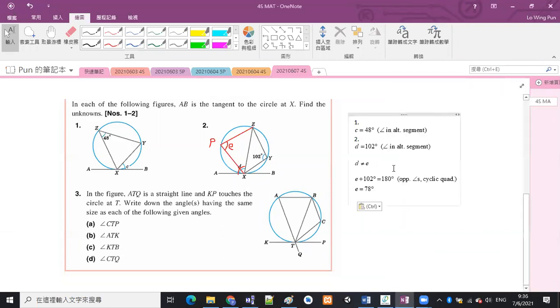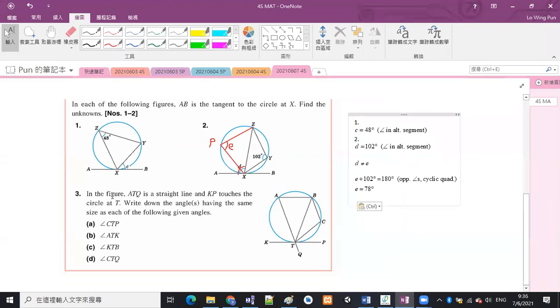That is what I wanted to mention: you need to distinguish the angle between tangent and chord, and the angle in alternate segment, or angle at circumference, on the other side. They come as a pair. Okay, so this is question number 2.